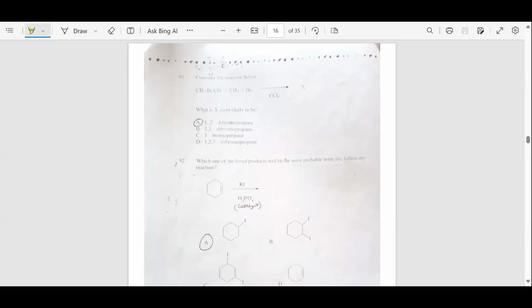Why not D? Yeah, there are two choices, A and D. So that's why I'm saying for those who are saying it's choice A or D, they should explain.